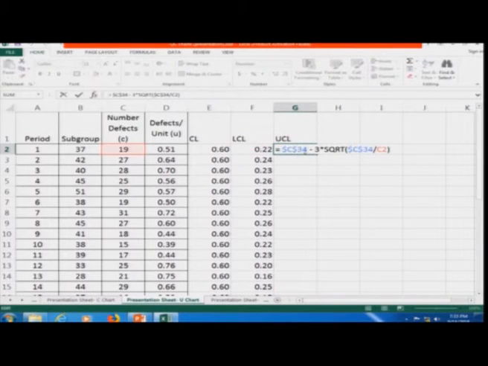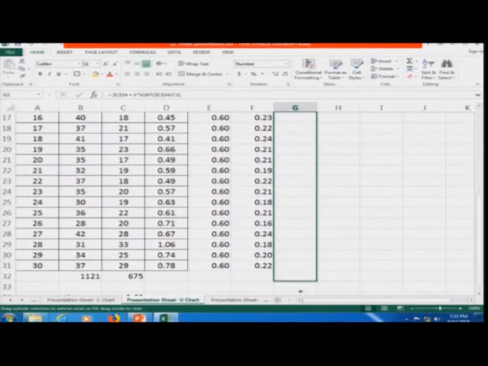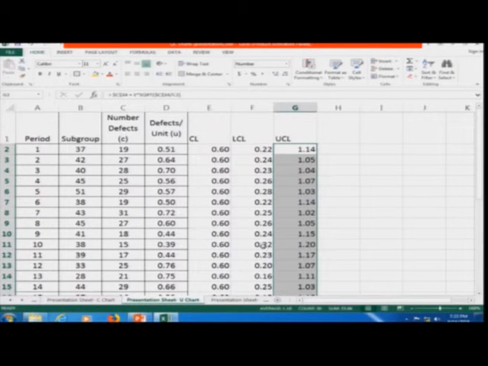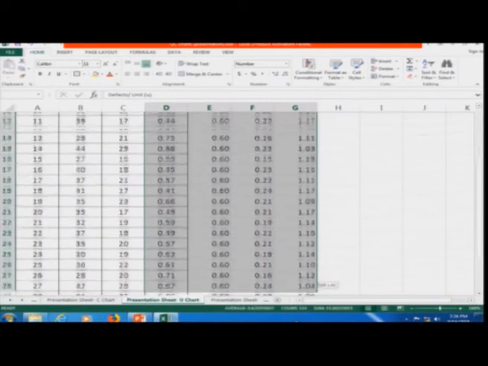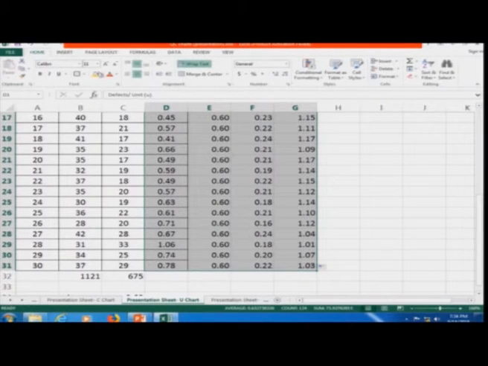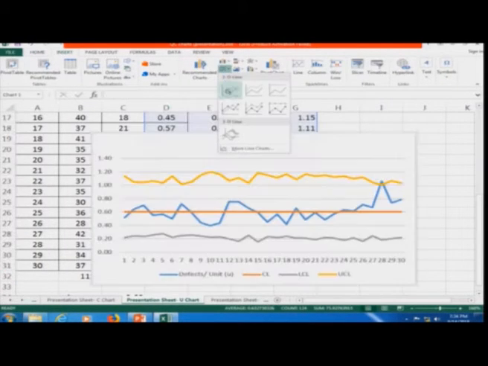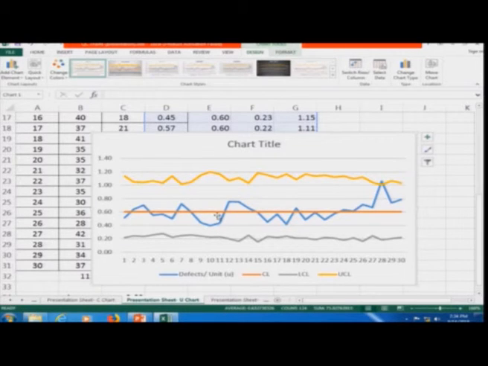The only difference would be, in place of minus I would have plus 3 times of the value, sorry, it's plus, that's all, enter. So I'll just plot this defects per unit and this, and I'll directly get my U chart. So it is lower control limit, upper control limit, center line, and I have this U chart.